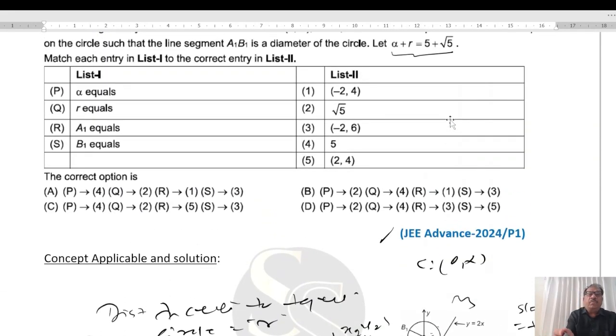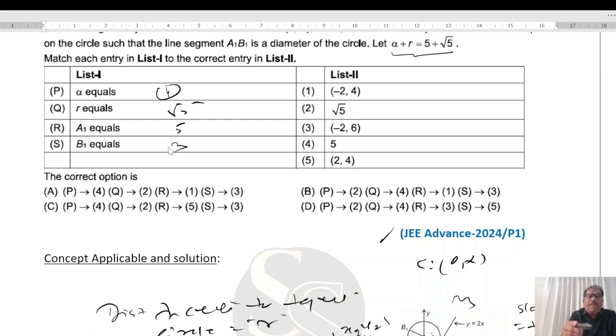Alpha equals 5, r equals root 5, A1 equals (2, 4), B1 equals (minus 2, 6).